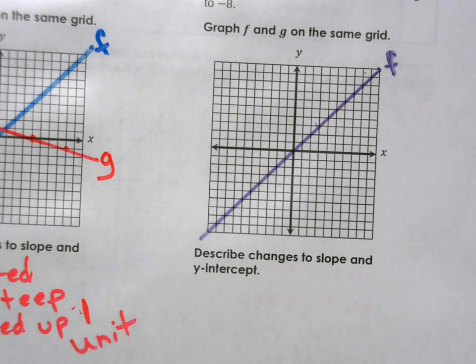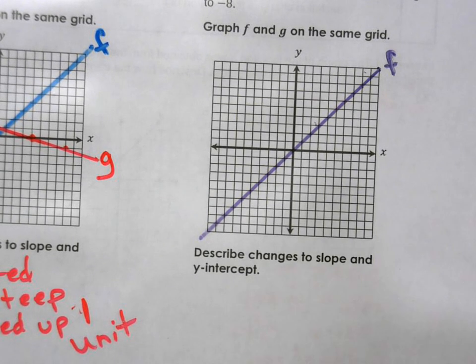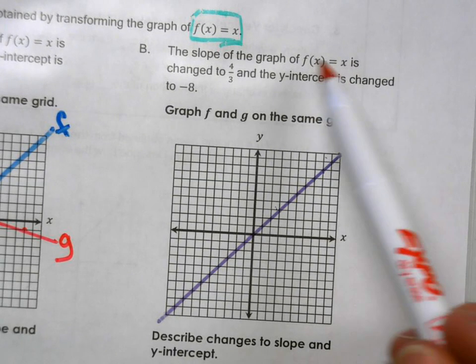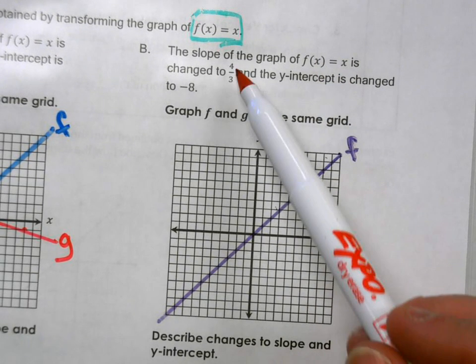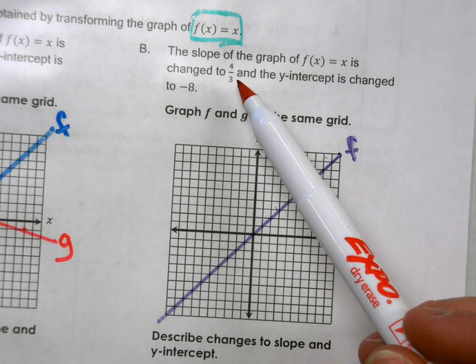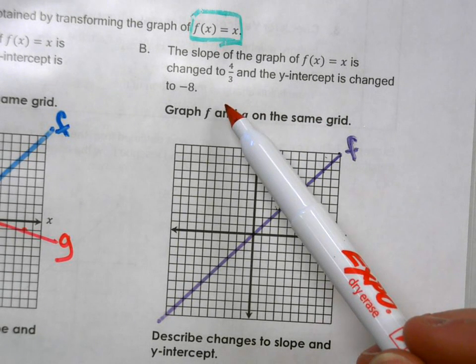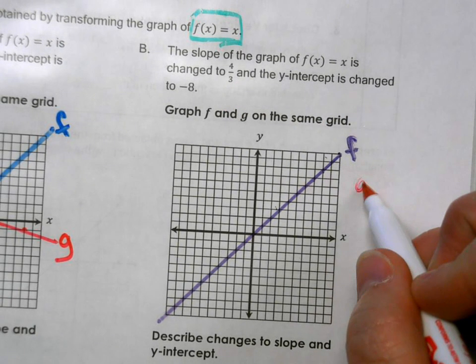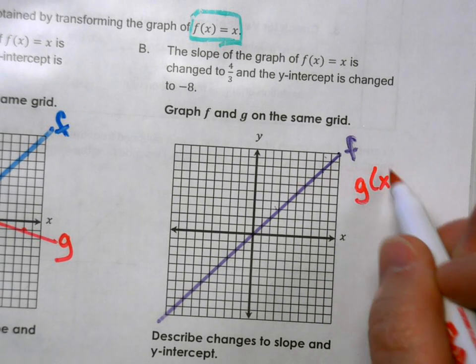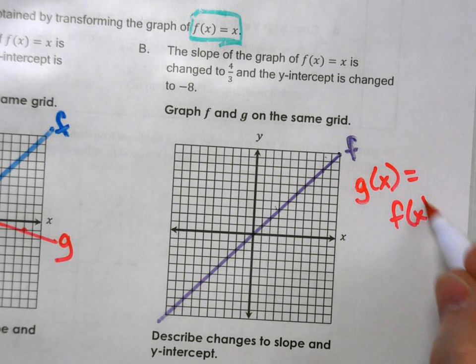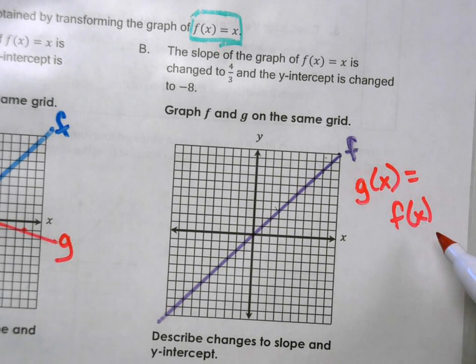Okay. So now it says that our changes to our graph, we changed the slope to 4/3, and the y-intercept changed to -8. So my new equation, g of x equals, what changes am I going to make to my f of x?